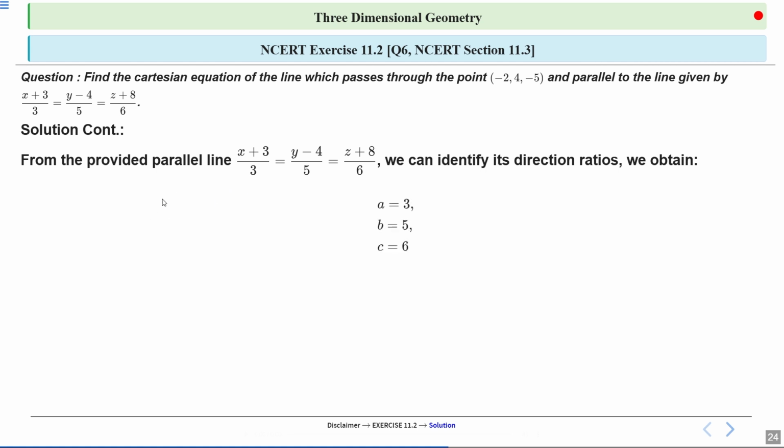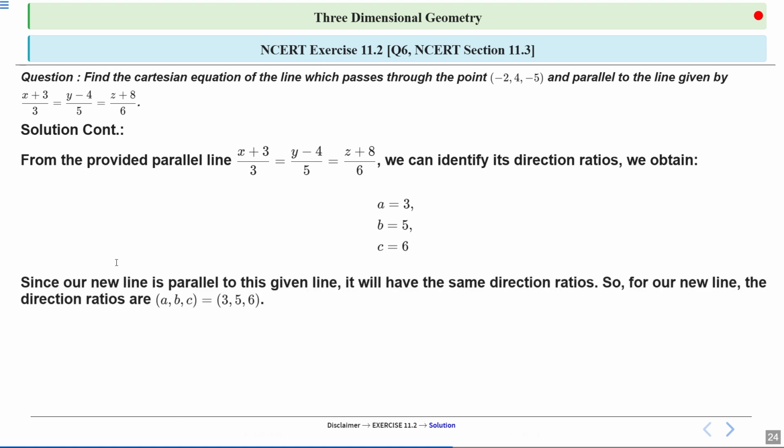Here we obtain a equals 3, b equals 5 and c equals 6. Since our new line is parallel to this given line, it will have the same direction ratios. So for our new line, the direction ratios are a, b, c equals 3, 5, 6.